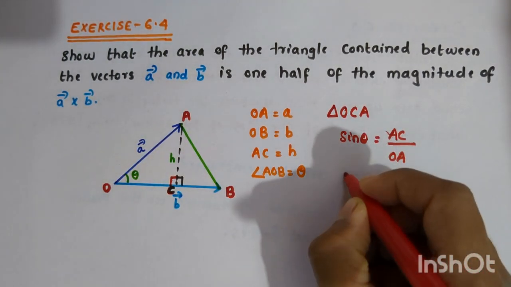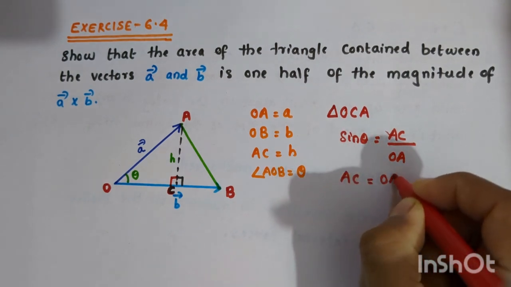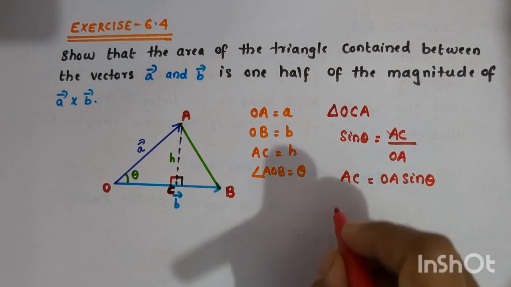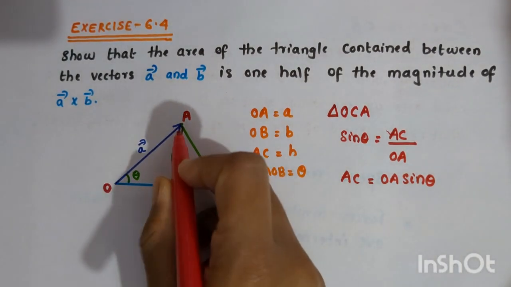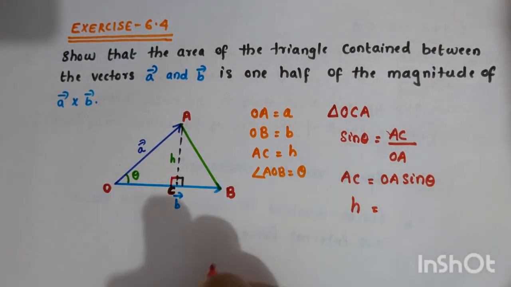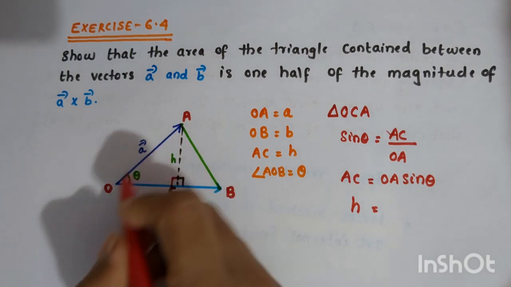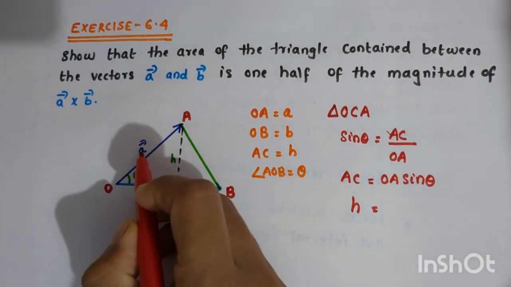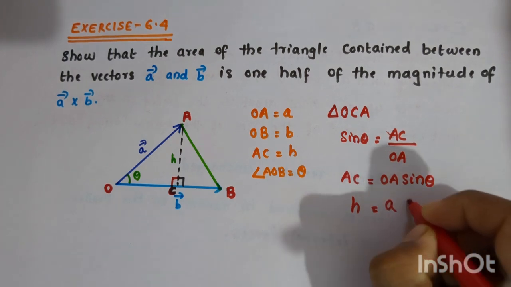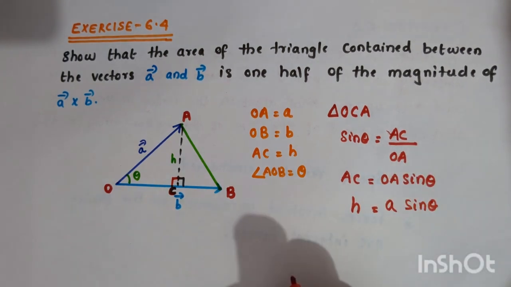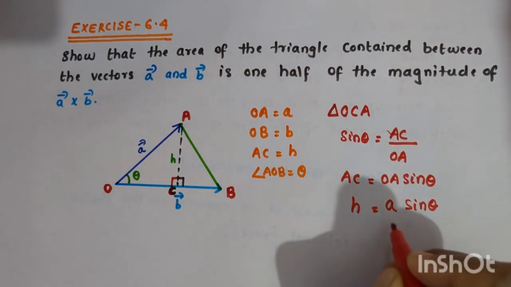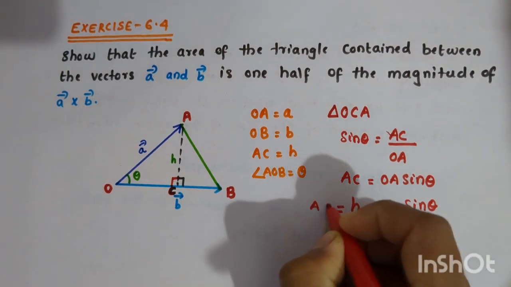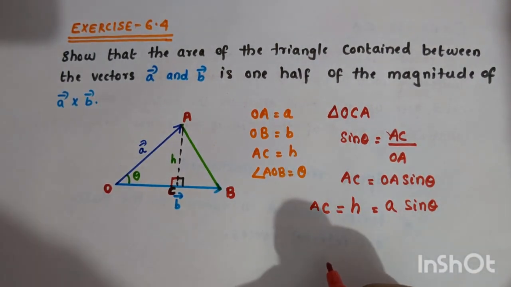From this we can write AC equals OA into sin theta. AC is actually the height H. OA has the magnitude of vector A, which is simply A. So H is equal to A sin theta, that is, AC is equal to A sin theta.